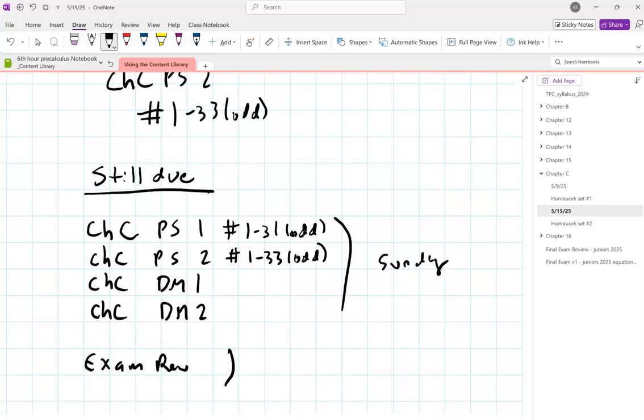But you have the rest of today to work on this, as well as class next time to work on this. And then the exam review, again, is due on the 22nd.